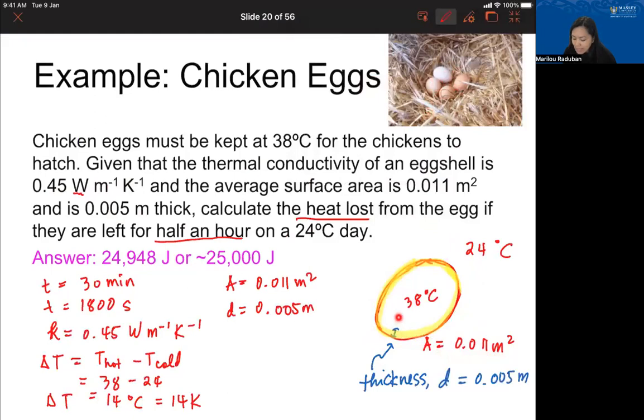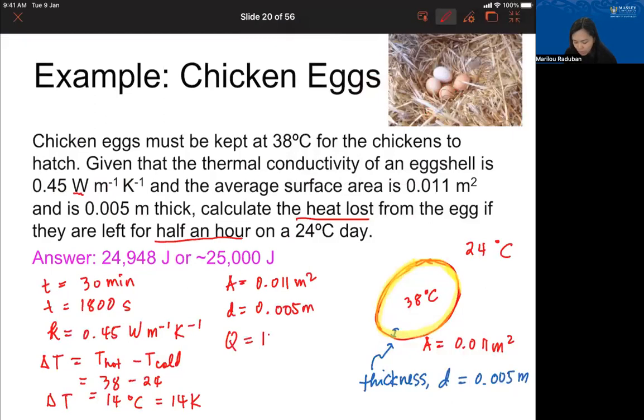And as heat is transferred, it has to pass through the eggshell, and the eggshell has a thickness of 0.005 meters. So you have this distance over which heat needs to travel from the hot egg to the environment. That's the scenario there. So clearly it's heat transfer by conduction.